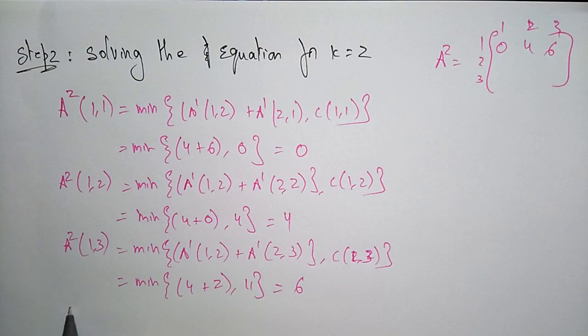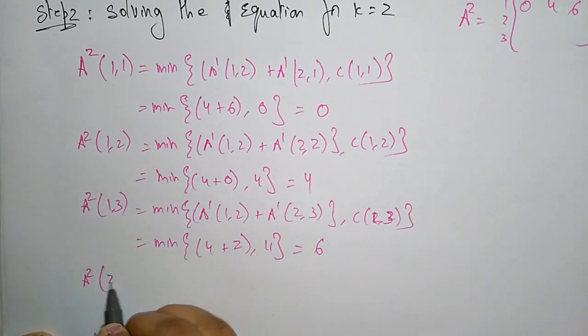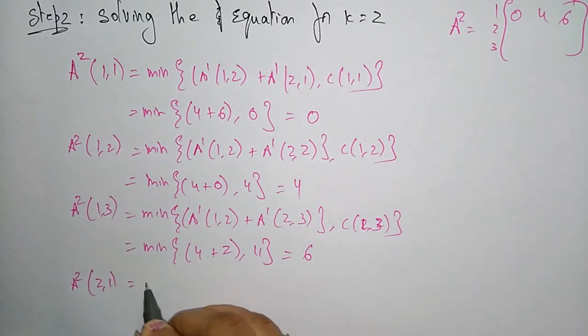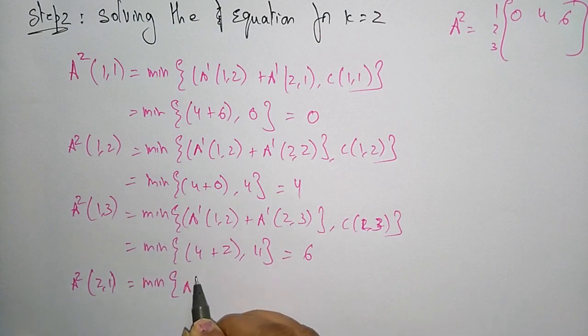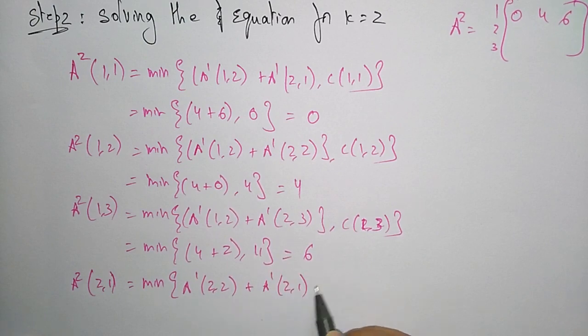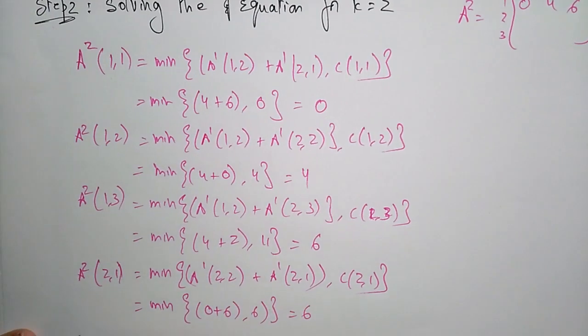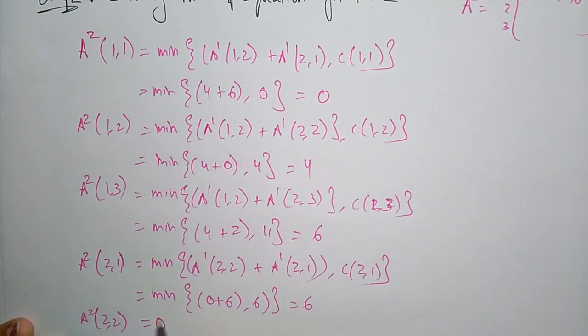In the same way, find out A2 of 2 comma 1. Next, the second row. We'll get minimum of A dash of 2 comma 2 plus A dash of 2 comma 1, comma C of 2 comma 1. So the minimum of 0 plus 6, comma 6. So here we'll get 6. And A2 of 2 comma 2, if you visit the same vertex, you will get 0 anyhow.